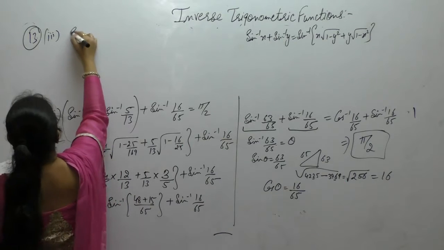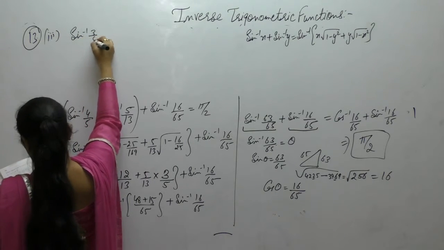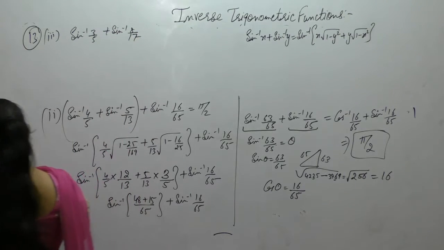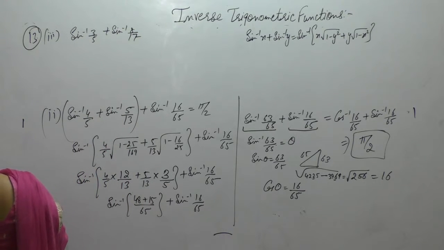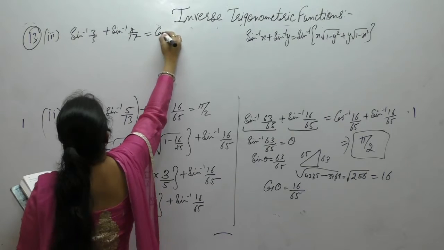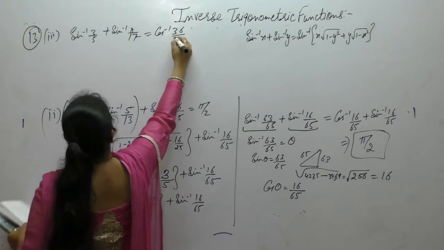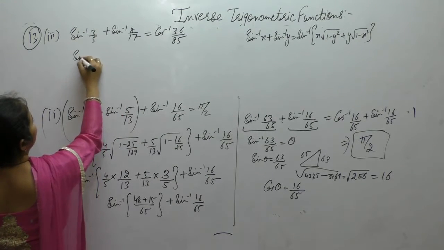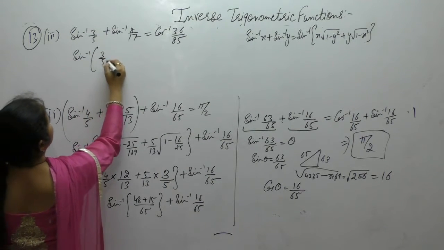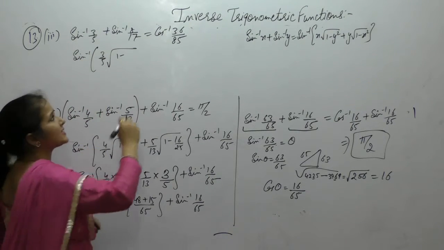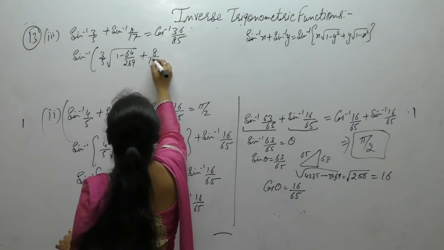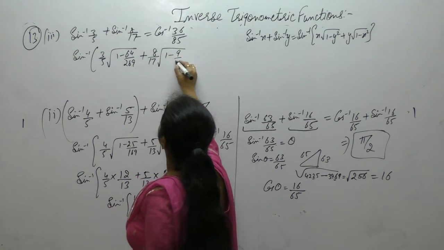Sin inverse 3 by 5 plus sin inverse 8 by 17. Prove that it is equal to cos inverse 36 by 85. Use the formula here. Sin inverse x, 1 minus y square, 8 square, 17 square, plus y, 1 minus x square.